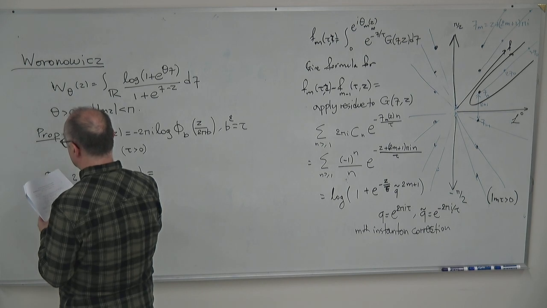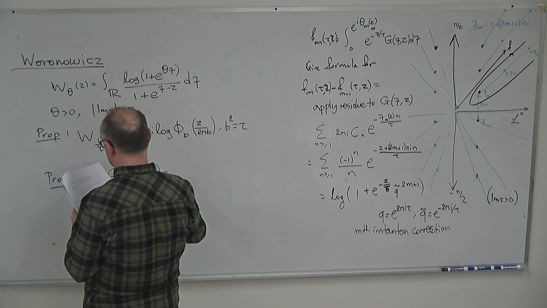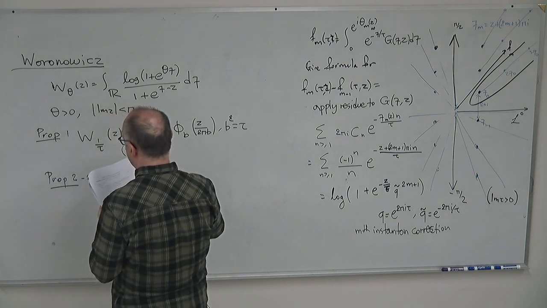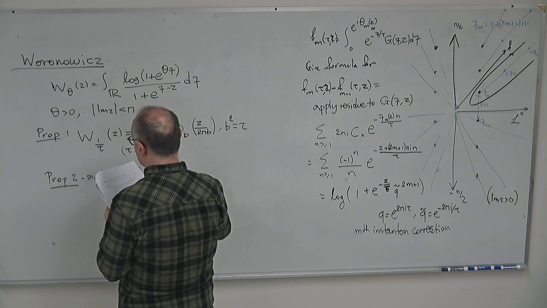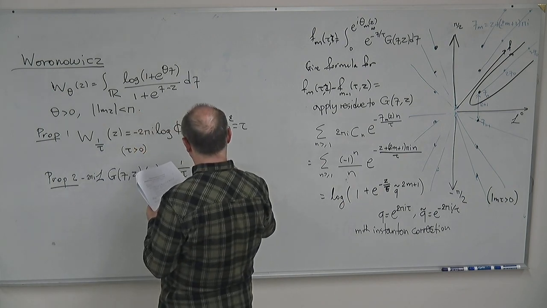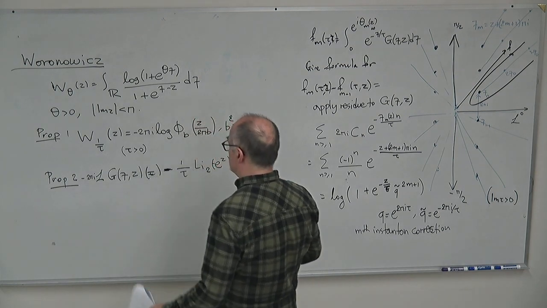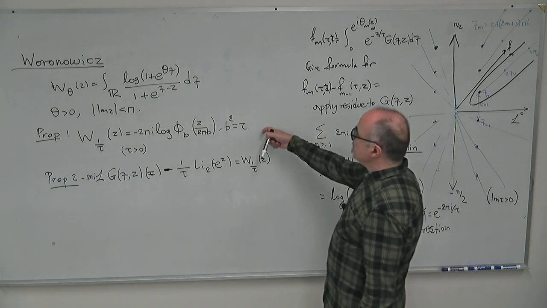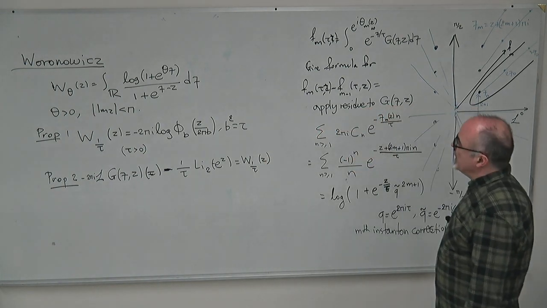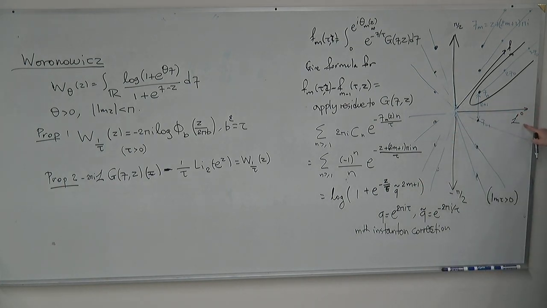Minus 2 pi i times the Laplace transform as a function of tau is minus the divergent term, Woronowicz at 1 over tau, z. Okay, so we need to prove this and we need to prove that. And if we do that, then at least we have identified the Laplace transform along the positive real axis with Faddeev's quantum dilogarithm.